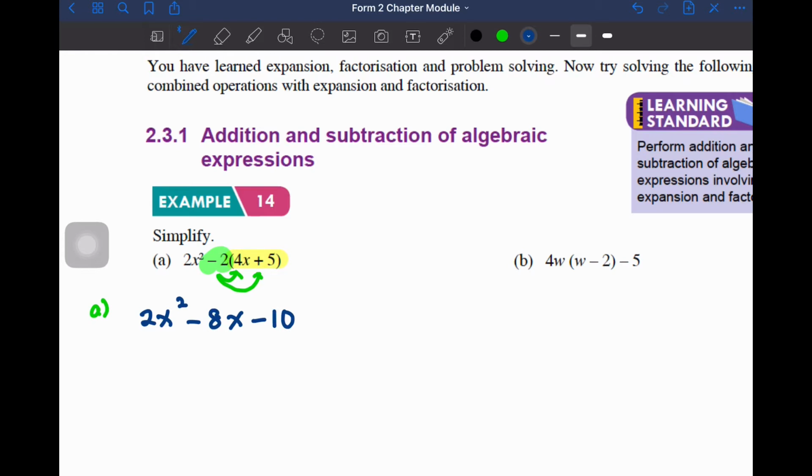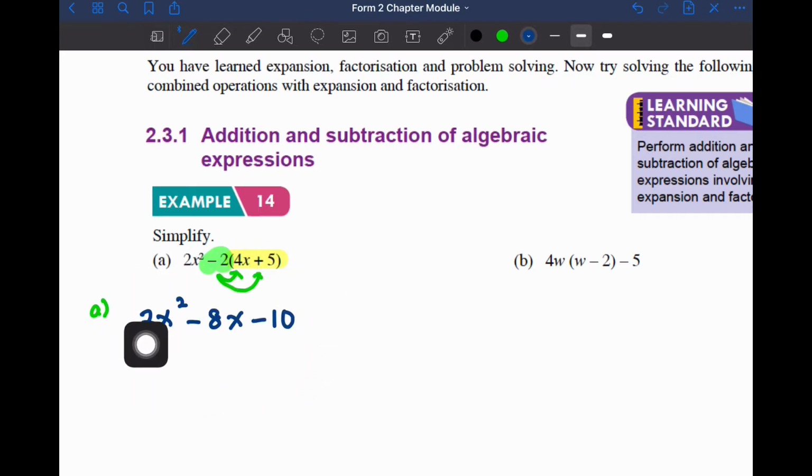Actually you need to express this in the most simple form, because the question asks you to simplify. So next, you look at each term: 2, 8 and 10. You know that these numbers you can divide by 2, right?